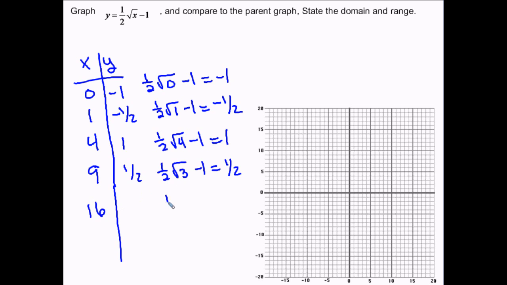If I plug in 16, I get half of 4, which is 2 minus 1, so that's 1. So what I'm going to do is plug in these numbers, the negative 1, the 0, and the 1. So 0, negative 1, 4, 0, 16, 1. So I shifted down 1 and I squished to make myself shorter because of the half.